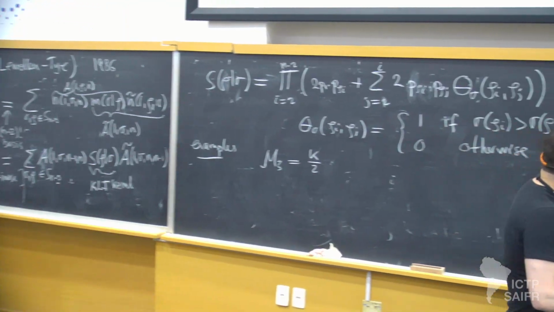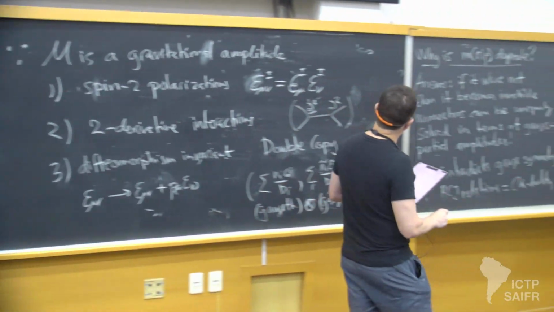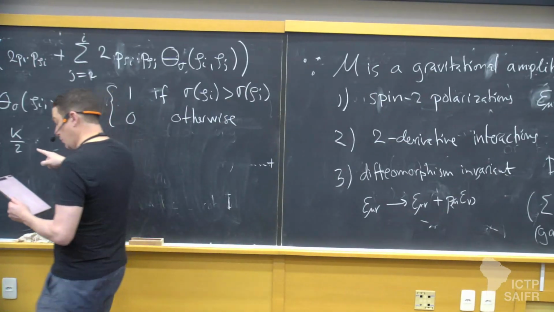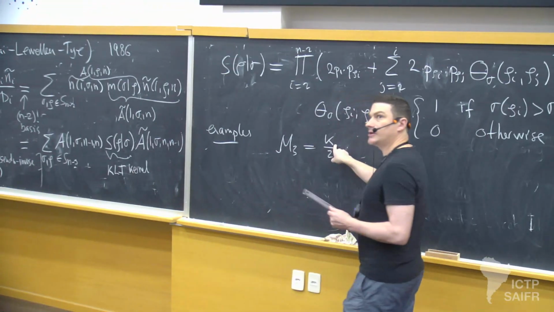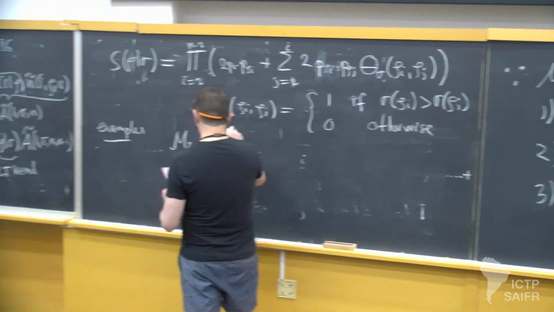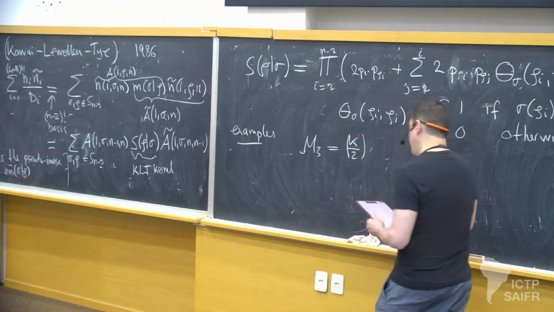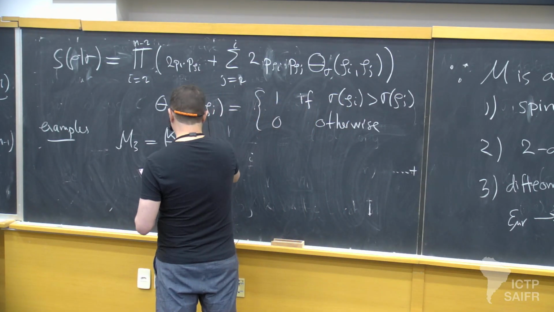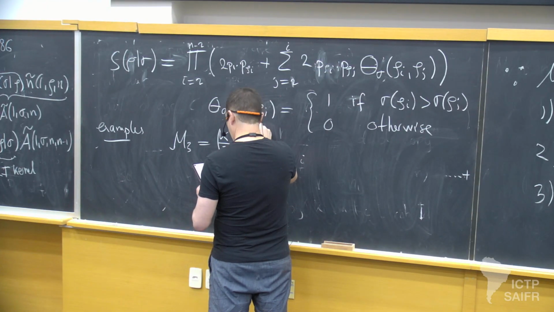People usually put kappa over 2, and kappa is essentially the coupling constant of gravity, related to the square root of Newton's constant with some factors of pi and so on.